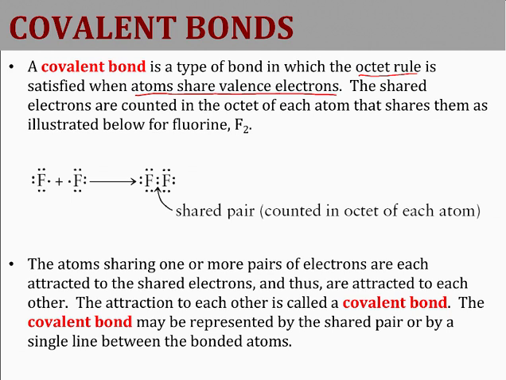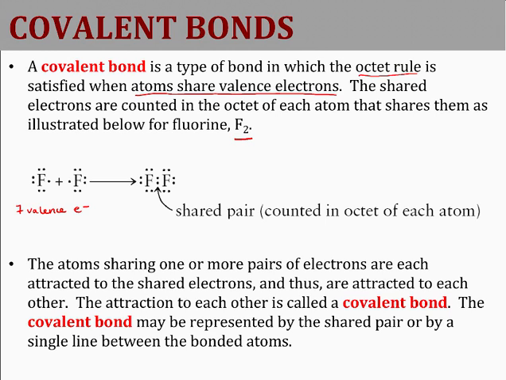So let's look at the example of fluorine, and a fluorine molecule contains 2 fluorine atoms. So its chemical formula is F2. Now remember, fluorine is in group 7A on the periodic table. So a fluorine atom will have 7 valence electrons.